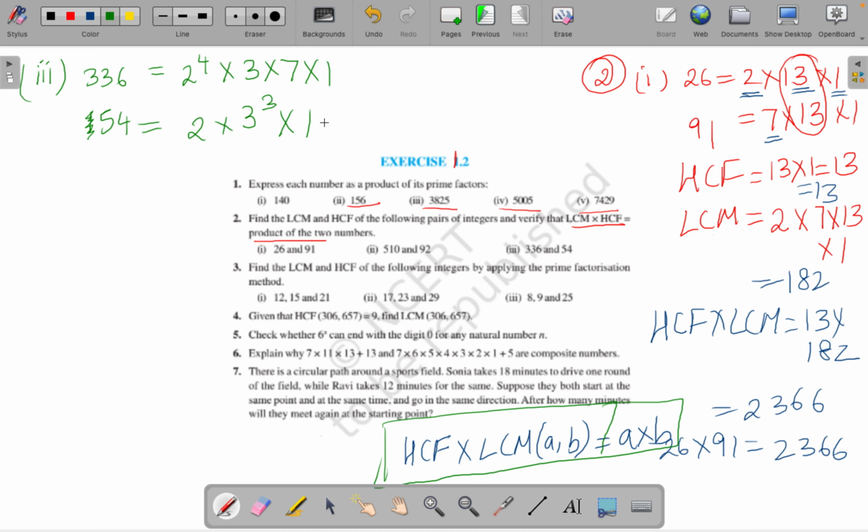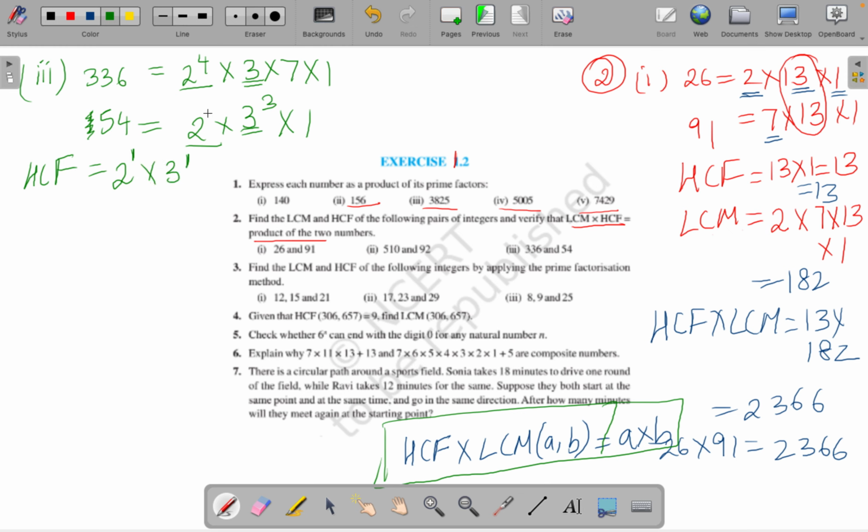These are the prime factors of the respective two numbers. Let's talk about HCF. So the common ones you can see, right? So HCF of this is whatever is common. So obviously 2 to the power 1 is common, right? And 3 to the power 1 is common.